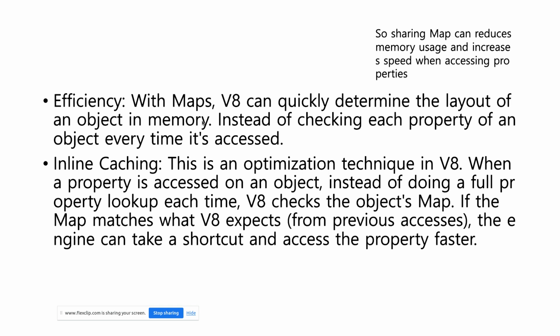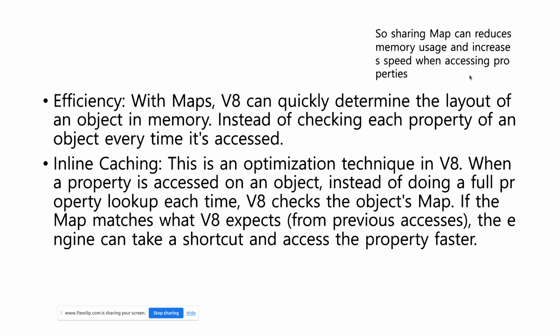Inline caching is a similar thing: you look it up, and if it matches, it's a shortcut and properties are accessed faster. So in summary, sharing maps can reduce memory usage and increase the speed of accessing properties.